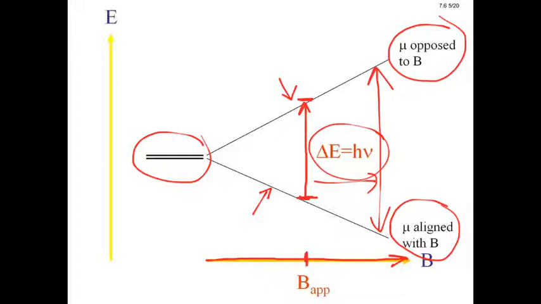You see? Alright, so this is the B applied in this diagram, and that is the gap between the energy levels of those two spin states, which in the absence of an external magnetic field, there's no energy difference at all.